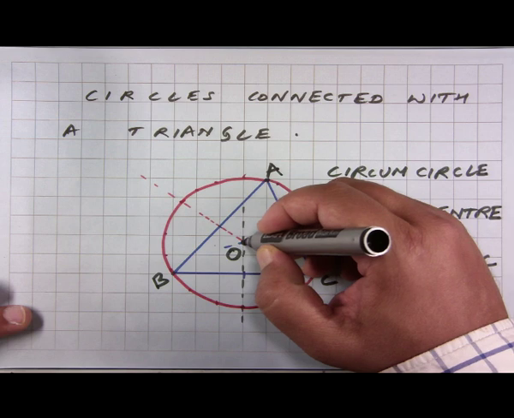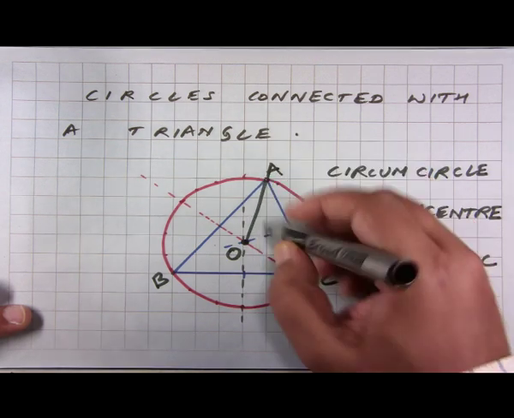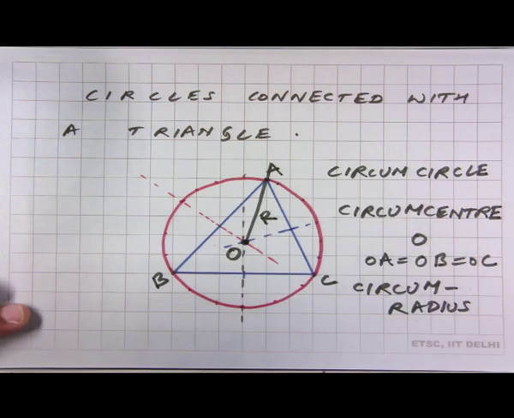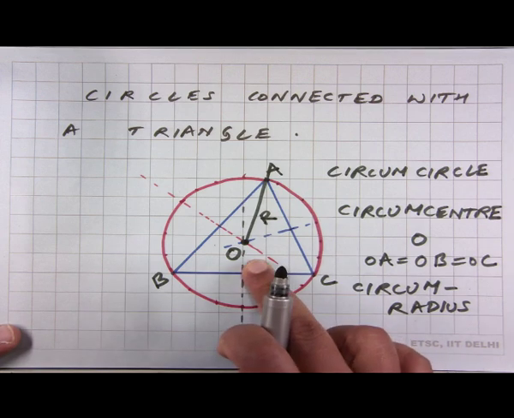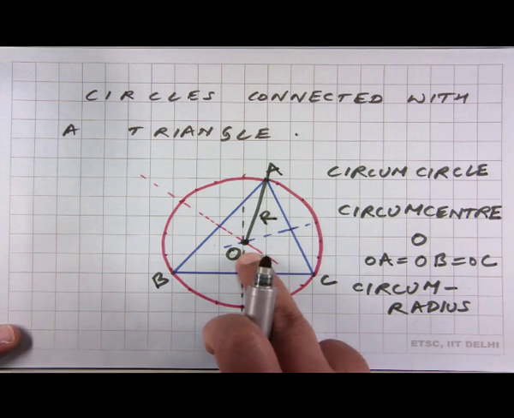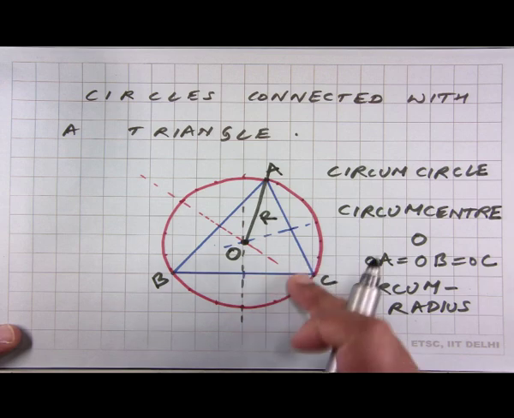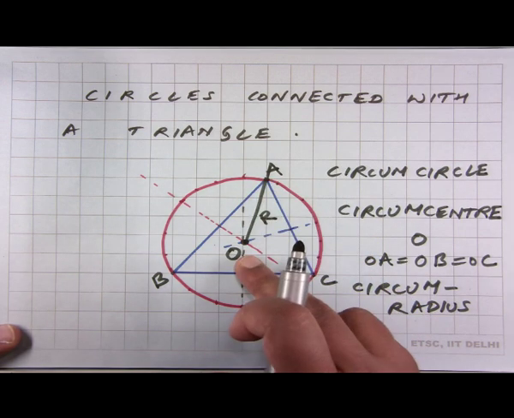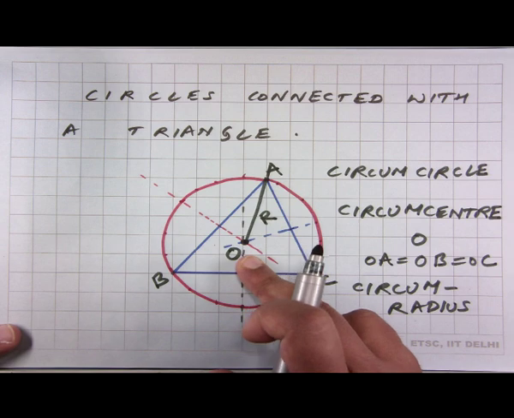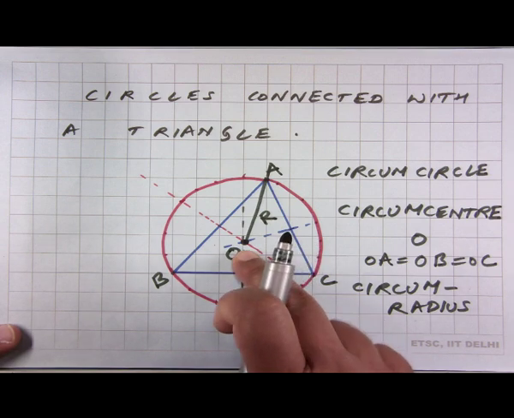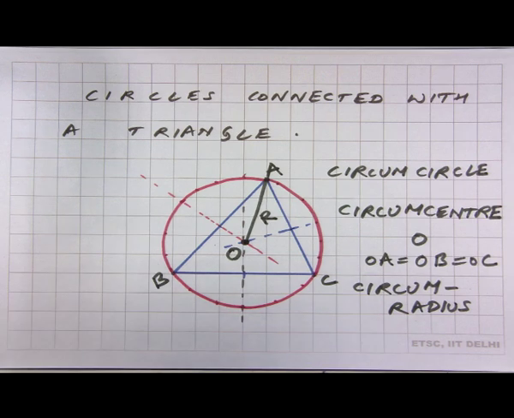Obviously, this length here is the circumradius, and one point which I forgot to mention is that it is not always true that the circumcenter should lie in the interior of the triangle. It is very easy to construct examples where the circumcenter could actually lie outside the triangle. That is possible.